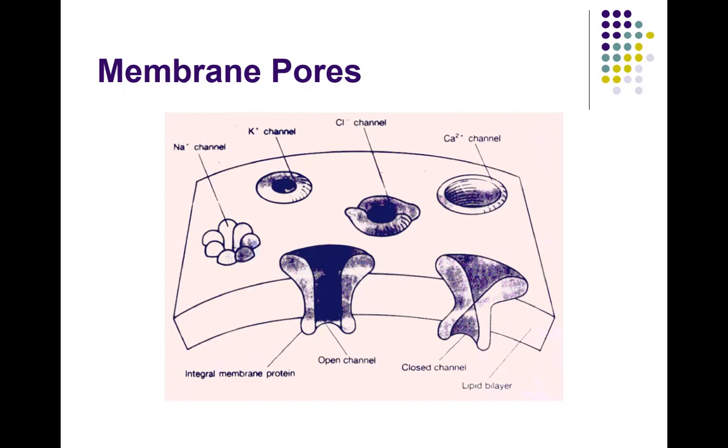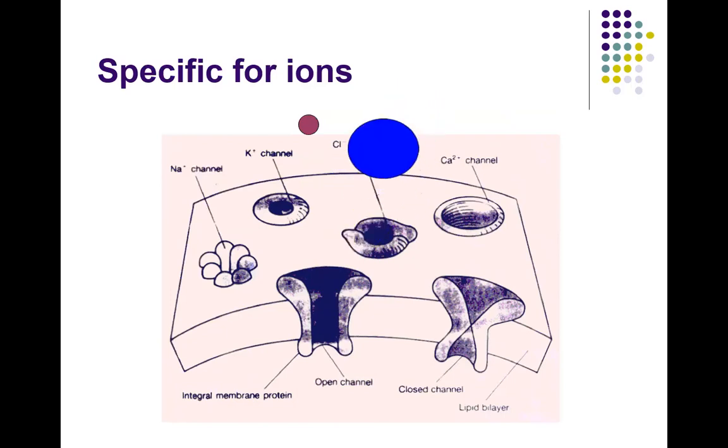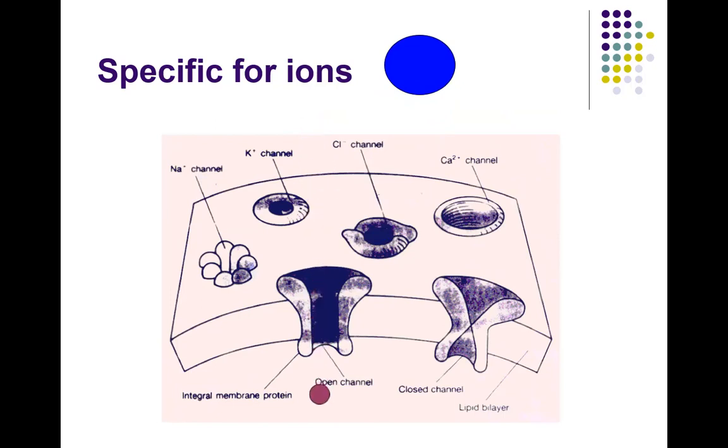So when we look at these channels, they are specific to specific molecules. Here we can see a really big molecule that could not fit through any of those channels, but that one was able to go through. If this was a sodium channel and this was sodium, it could pass through. If this is a sodium channel and we had a green thing here that was potassium, the potassium would just bounce out, even though they're similarly sized.